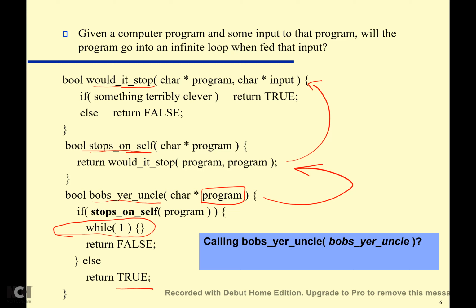This method stops only if it runs forever. Since this is impossible, one of our assumptions must be invalid. By tracing our reasoning backwards, we find that it's therefore impossible to have written the would-it-stop method in the first place. In other words, the halting problem is undecidable.